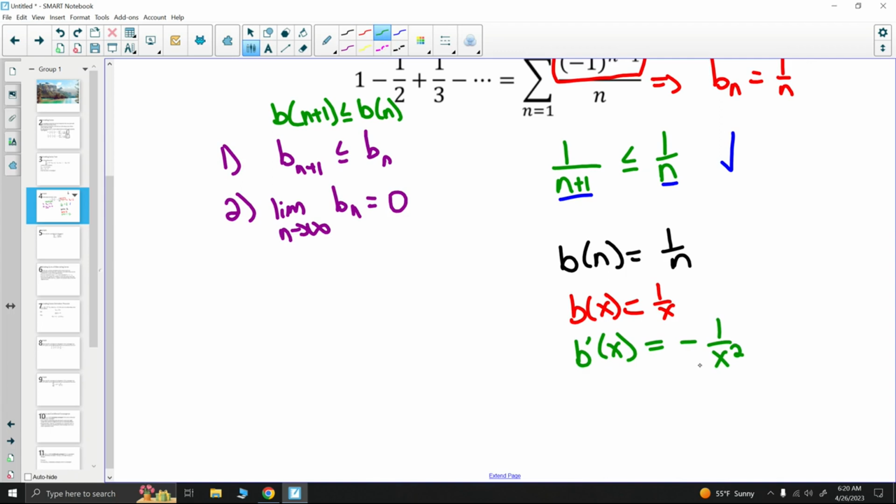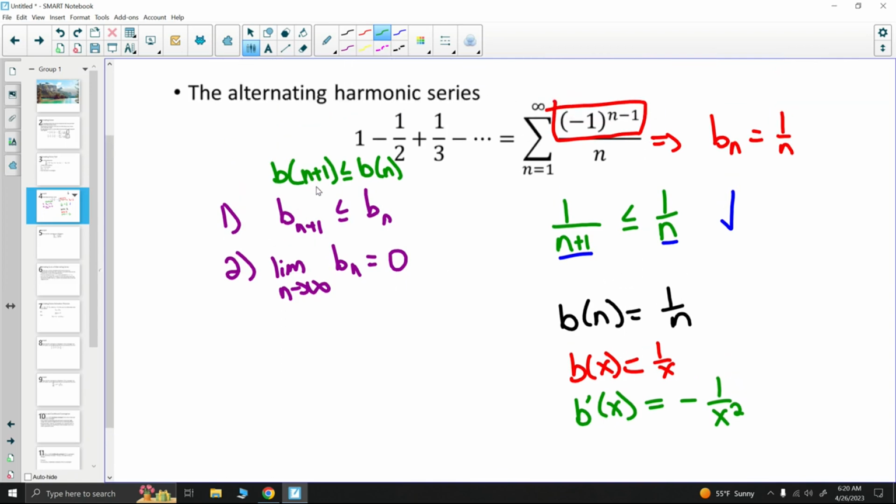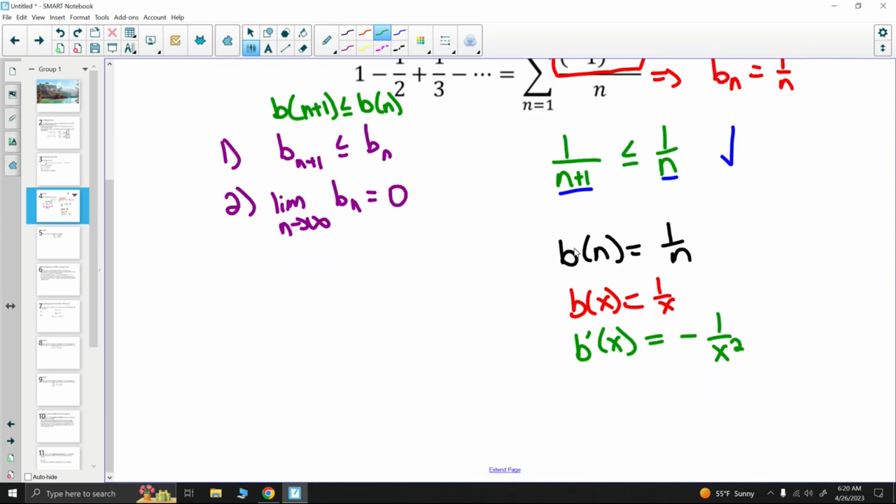And we want to know what values of x would lead to this being negative, at the points that we care about, because realistically speaking, we actually only care about the natural numbers, so that is from 1 onwards. And if you think about it, no matter what x we choose here, it's always going to be positive, and a positive divided by a positive is a positive, and then we have this negative sign.